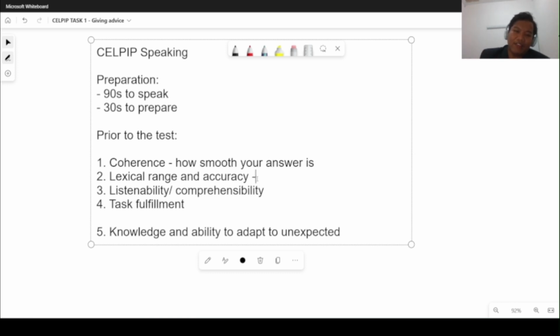Lexical range and accuracy, this is something you will hear quite often in my videos. That's basically your vocabulary. Now there are 2 categories, range and accuracy. This part is crucial to understand because for CELPIP as well, they're not looking for participants that can use bombastic, grandiose vocabulary.